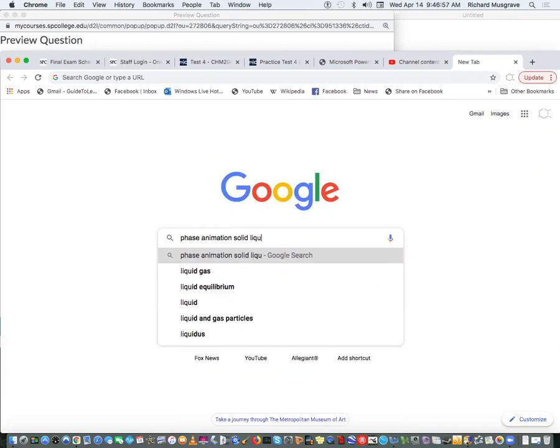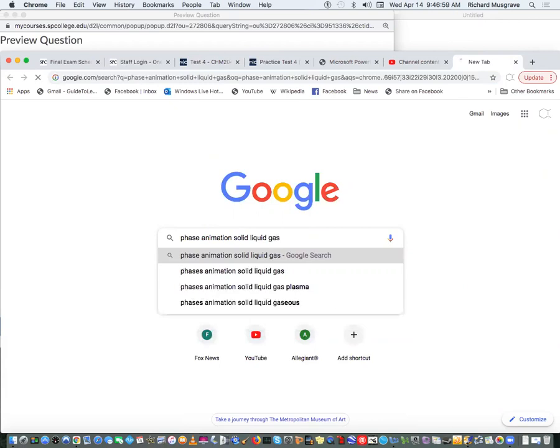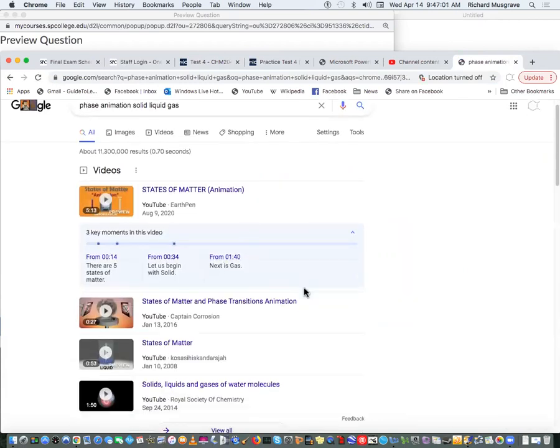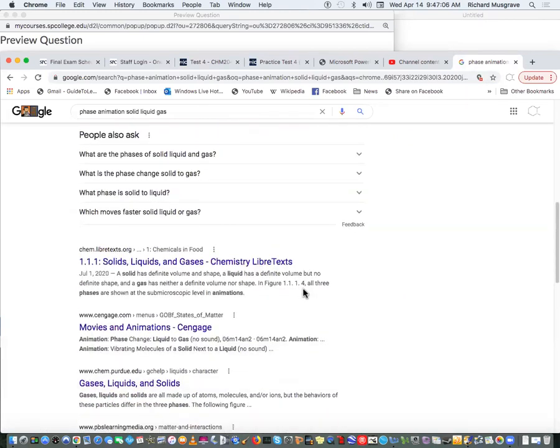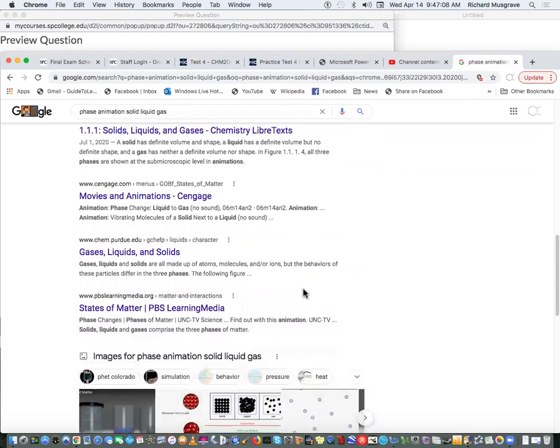Solid, liquid, gas. Let's see if I can find the one that I like to use.